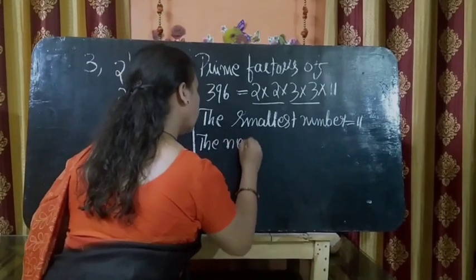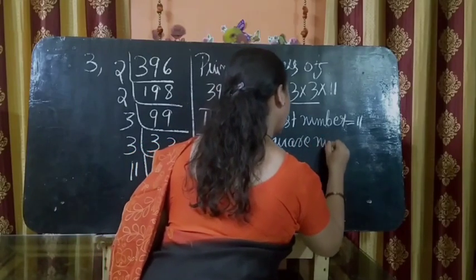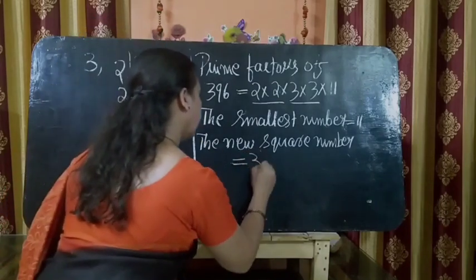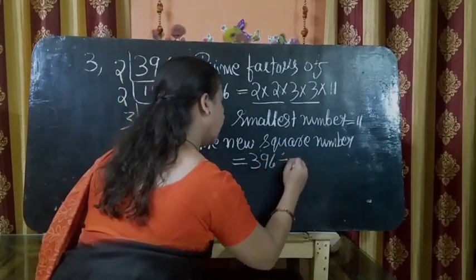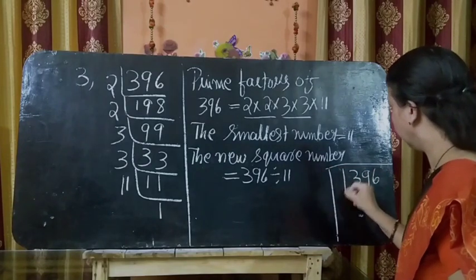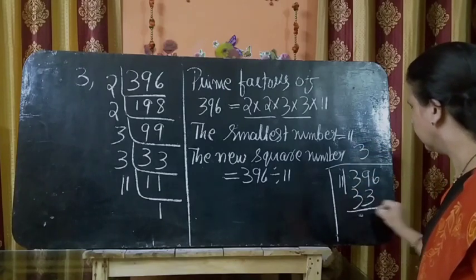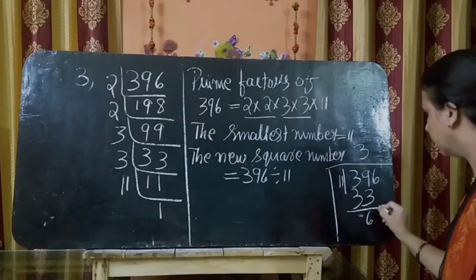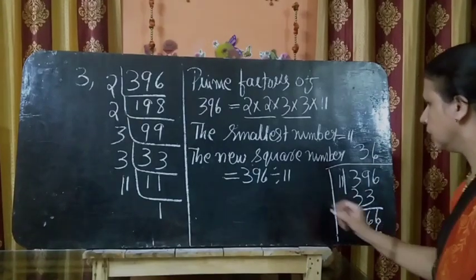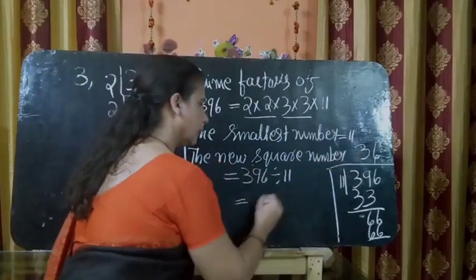The new square number equals 396 divided by 11. 11 3s are 33. Then 6 left. 6 take down. 11 6s are 66. Here answer, the new square number is 36.